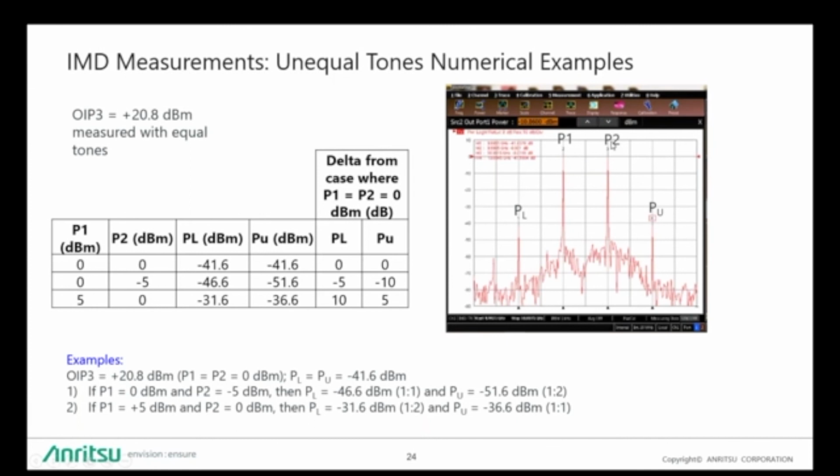So I changed the power of P2 by 5 dB and PU dropped by 10 dB. And again, I've cited the example numerically at the bottom of this slide.